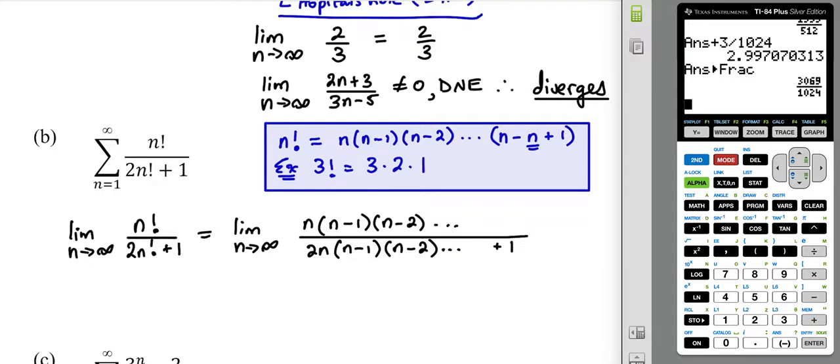All right, so what's going to happen here? Well, you can see that in both cases, we have a common n minus 1 that can cancel, n minus 2 that can cancel, and everything after that would cancel.